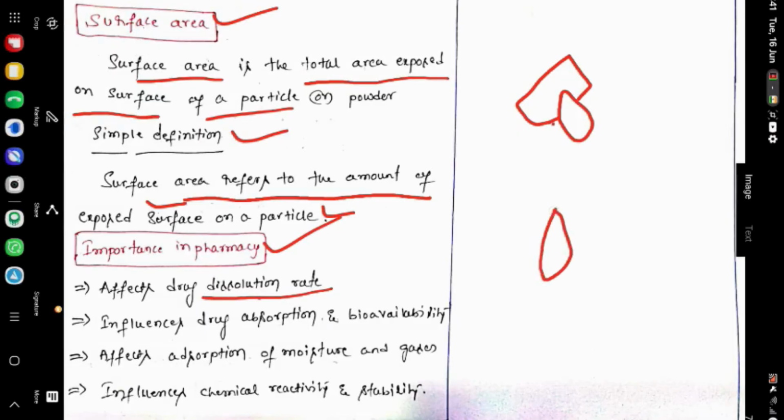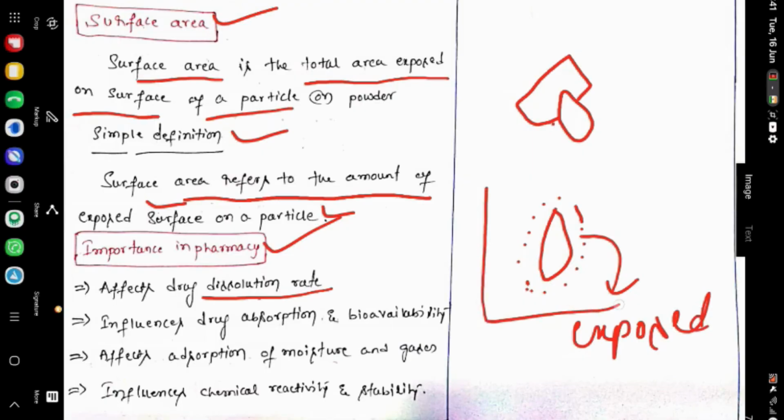The powder particle surface which is exposed to the water, which comes in contact with the water, mainly determines the dissolution of the powder particle. The dissolution of course influences the drug absorption and bioavailability of the drug particle.